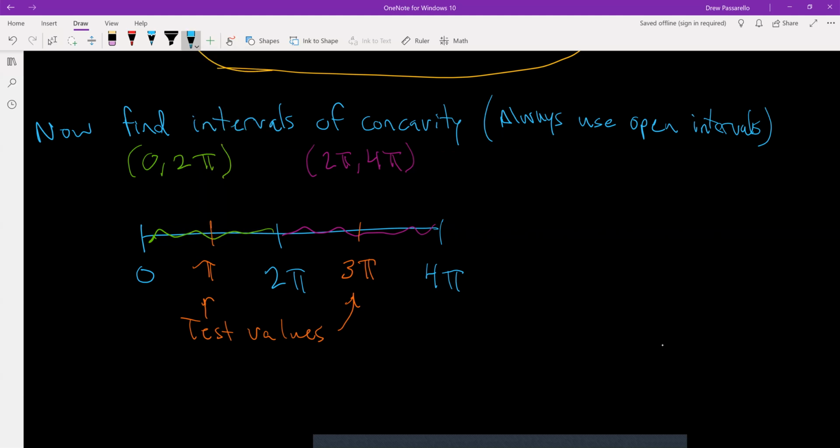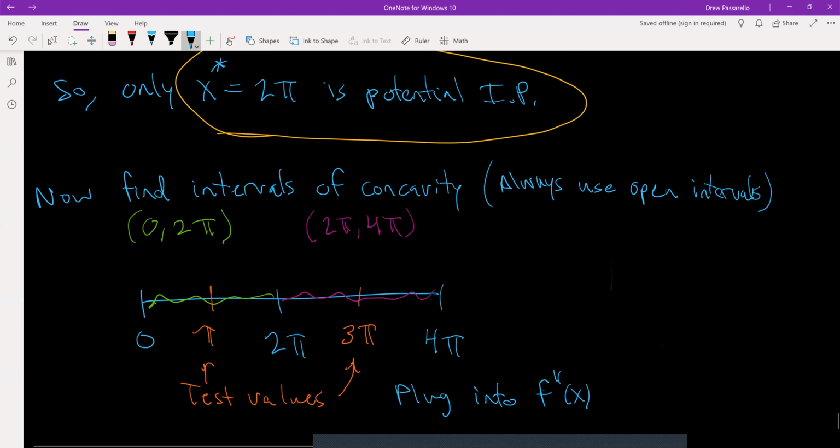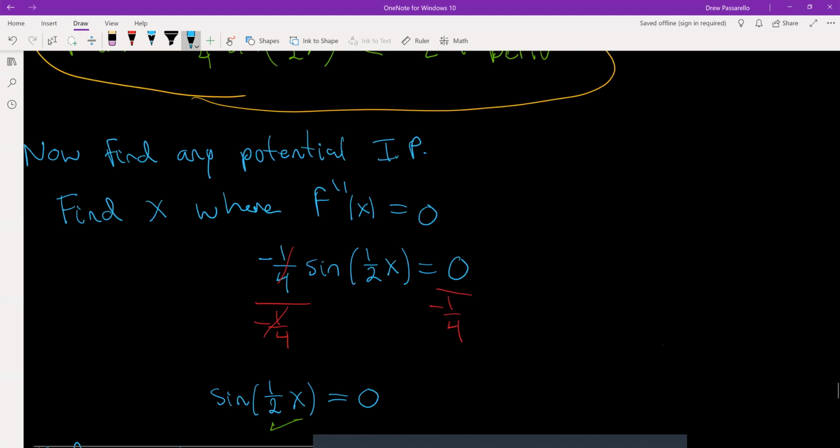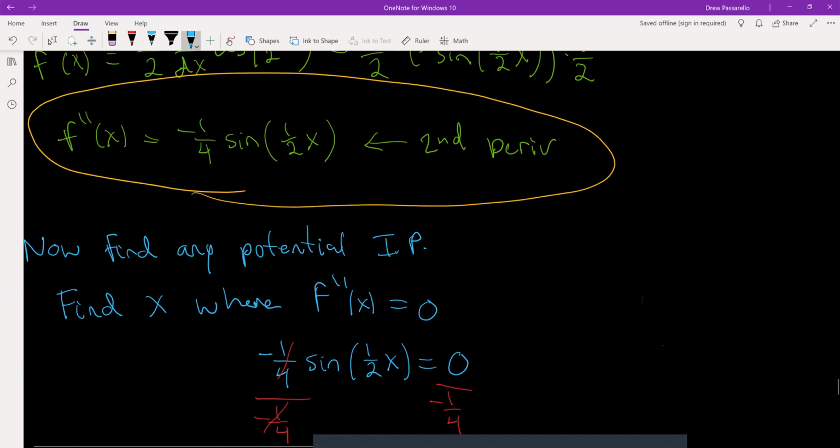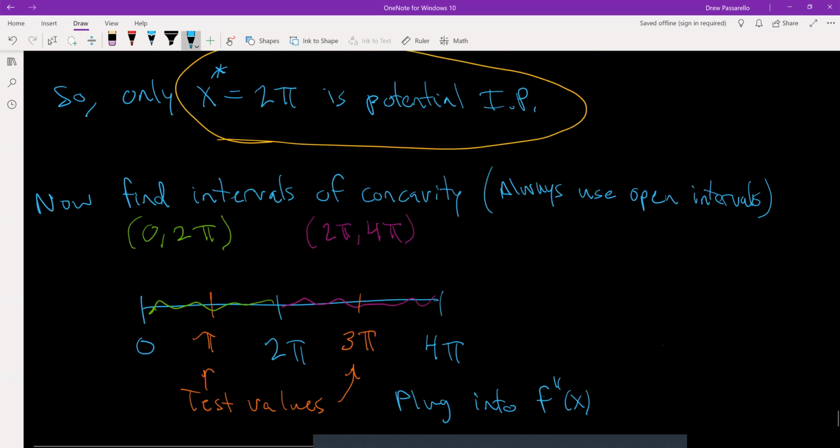All right, so I plug these into the second derivative and then see if it's positive or negative. And the second derivative was negative 1/4 sine of 1/2 x.